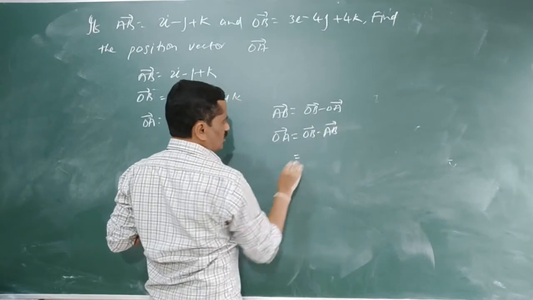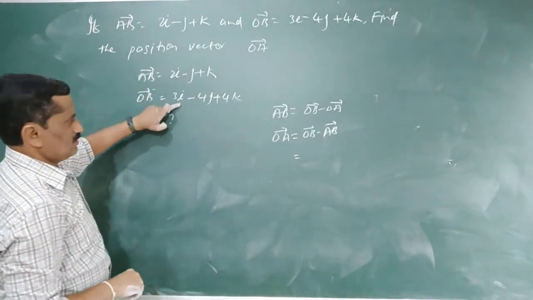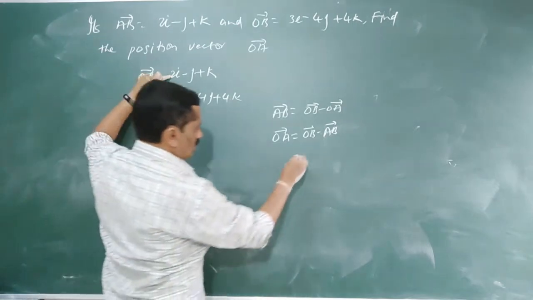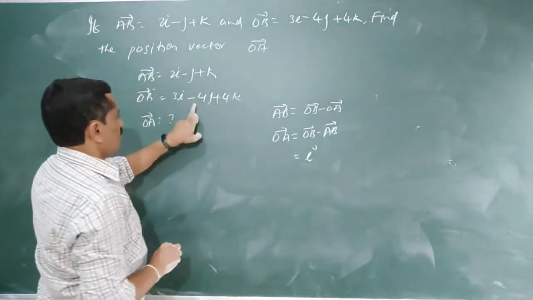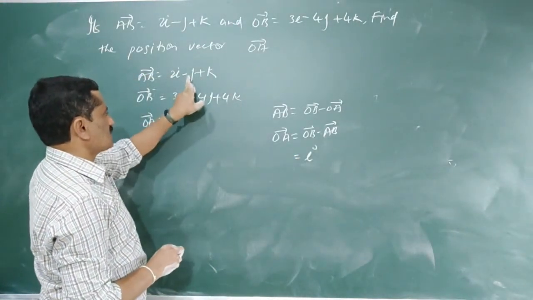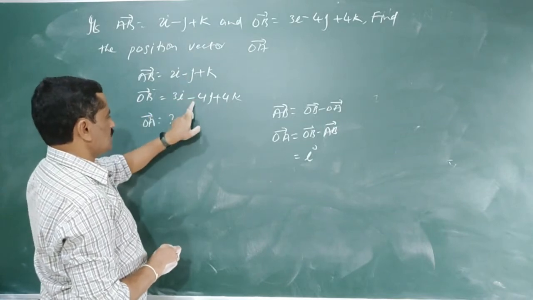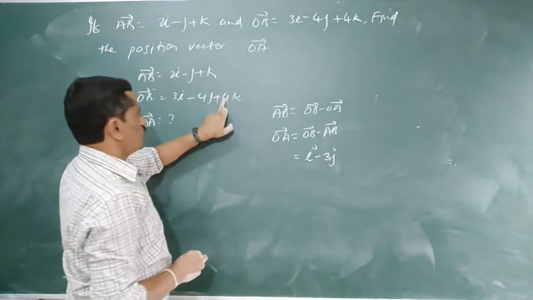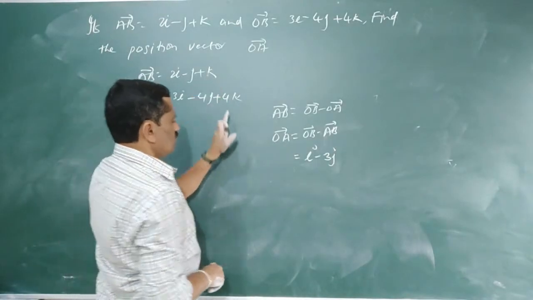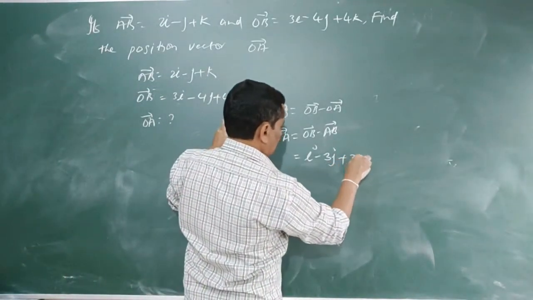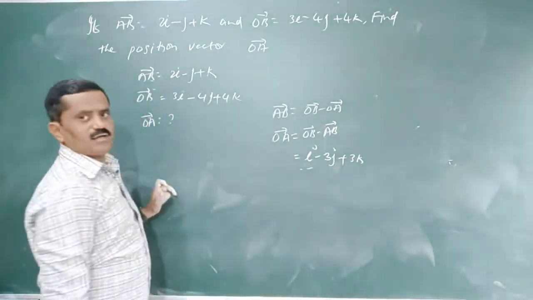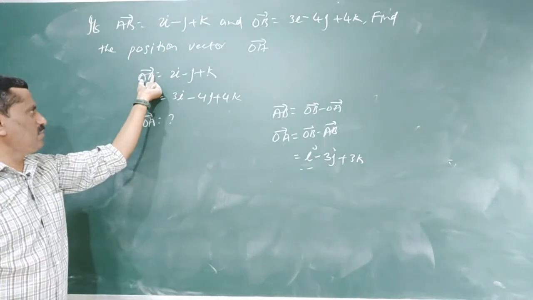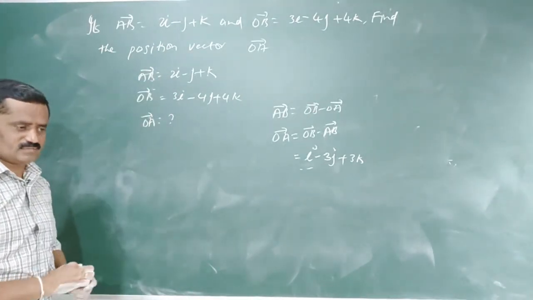So we have 3 minus 2, that is i, then minus 4 minus minus 1, minus and minus becomes plus, so we have minus 3, minus 3j, again 4 minus 1, we have plus 3k. So this is OA bar, by expressing AB bar in terms of its position vectors.